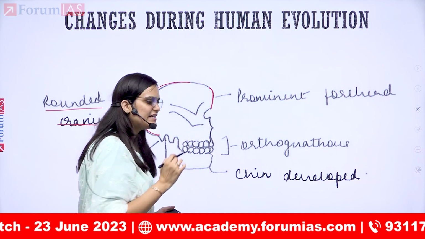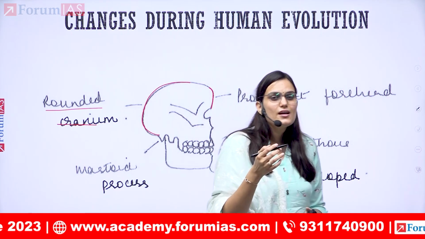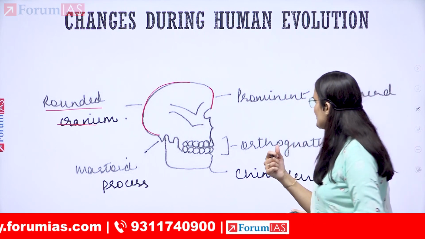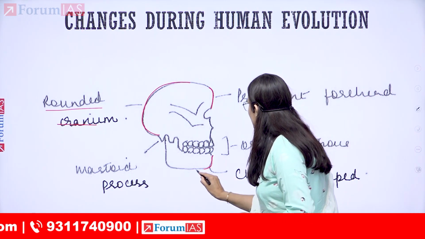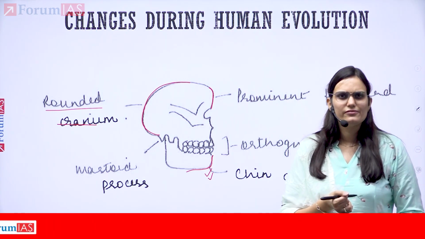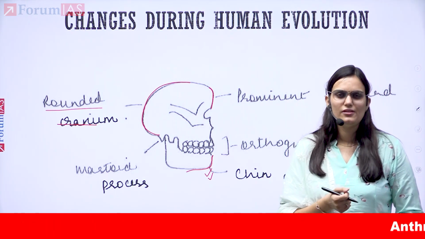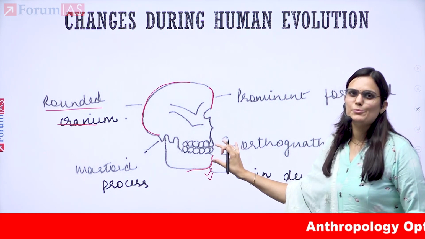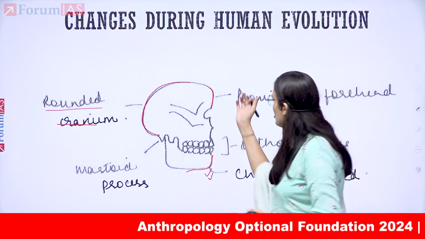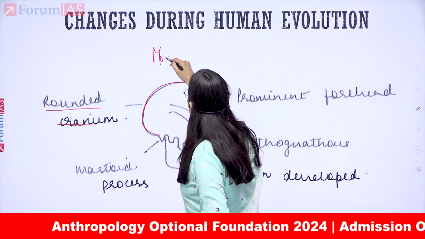Prominent forehead, indicating that our ancestors did not have very well-defined foreheads, but we have. Similarly, having an elaborate chin. If you look at the earlier species, they did not have a defined chin. So this is the type of diagrams you will draw. Right? This is the diagram of the modern human being.